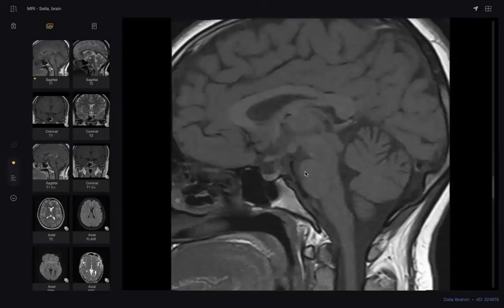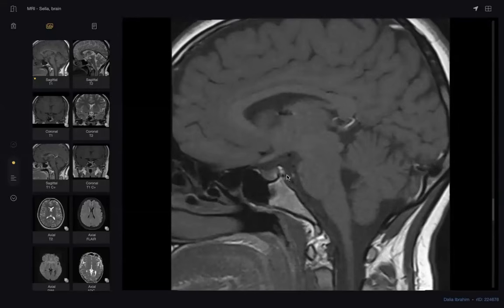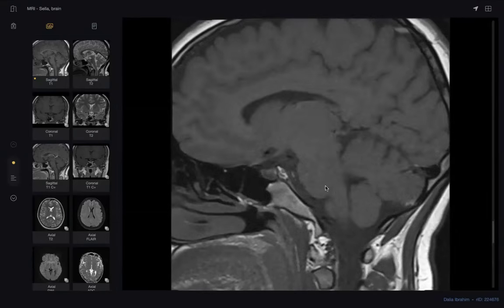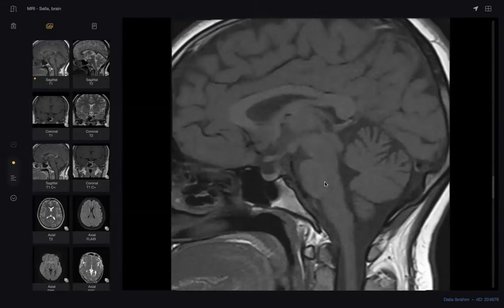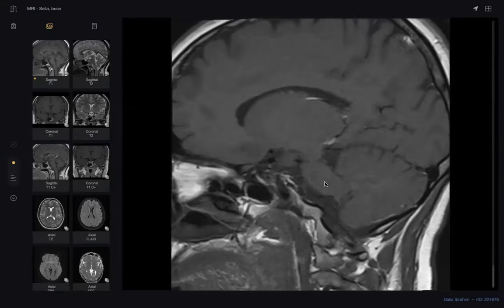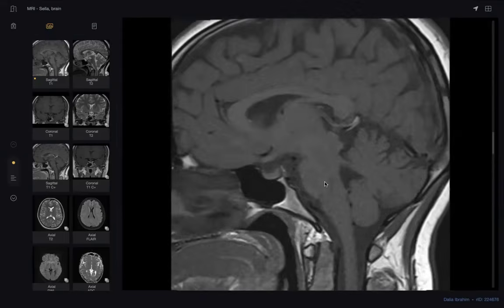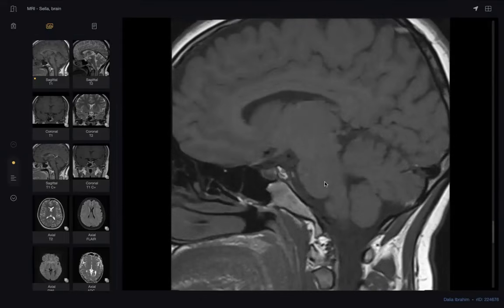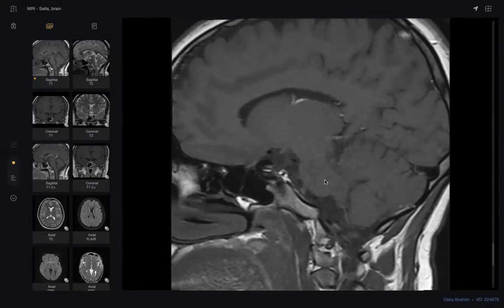I can see here the posterior pituitary appears to be enlarged compared to the... I'm not sure if this is the posterior pituitary or the whole pituitary gland. The pituitary gland doesn't look bulky. It looks average in size for that age.